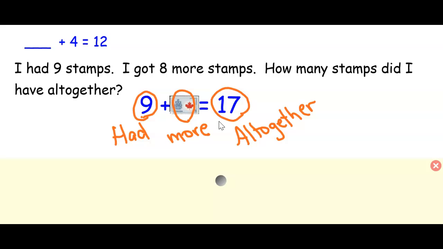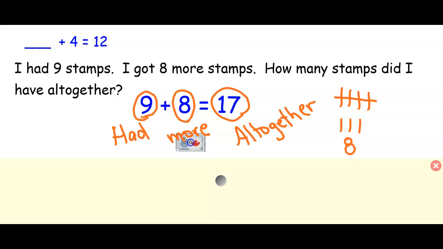And if I made tally marks while I counted on, I could say 9, 10, 11, 12, 13, 14, 15, 16, 17. And that would tell me that I had 5, 6, 7, 8. Then I needed 8 more to make 17.